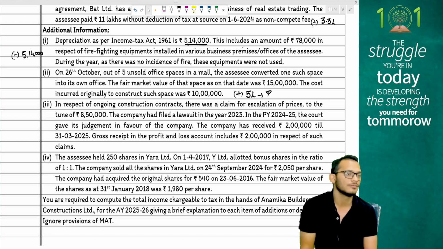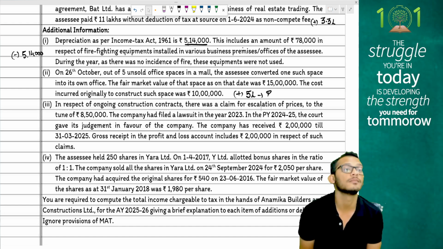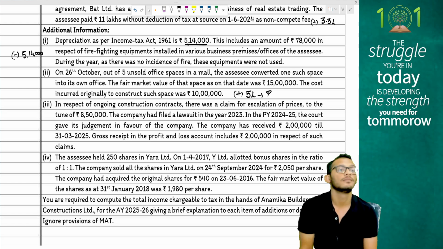You tell me, I don't know. It's a lawsuit, there is nothing in the original contract. Escalation price has nothing to do with both. One lakh has to be added.